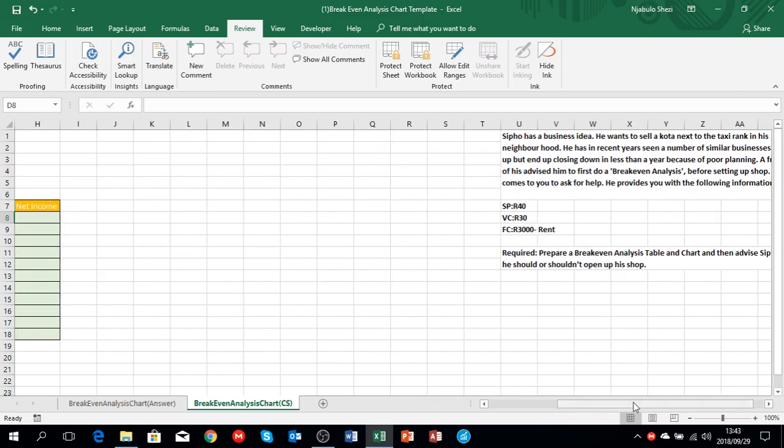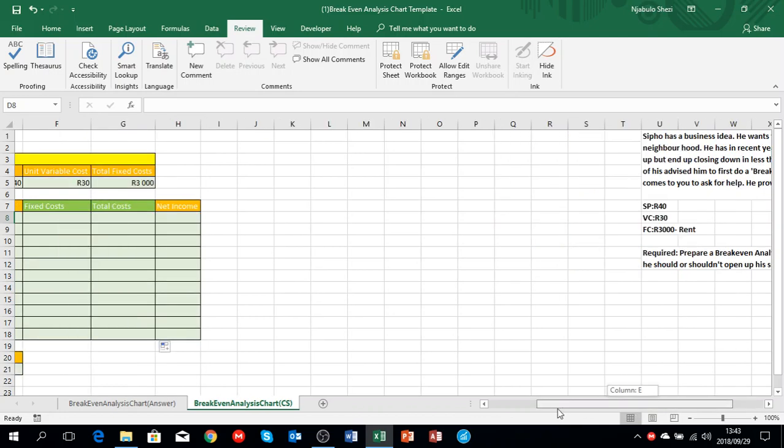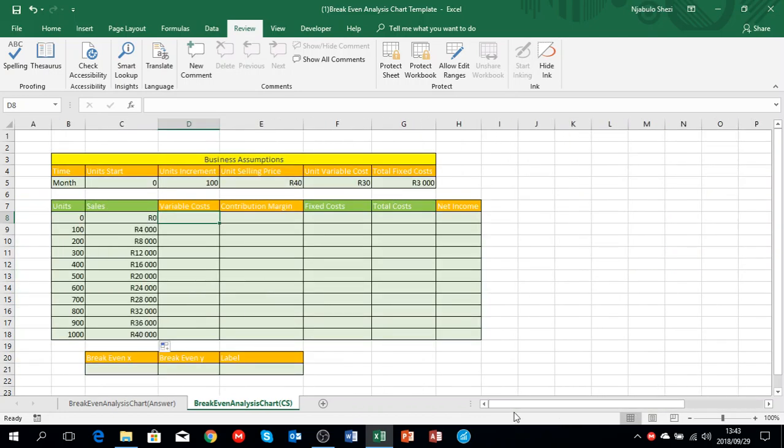Let's say his quota has some fried chips, has some bologna, has some cheese. So the number of cooking oil bottles that Sipho uses will increase in relation to the number of quotas that Sipho sells.